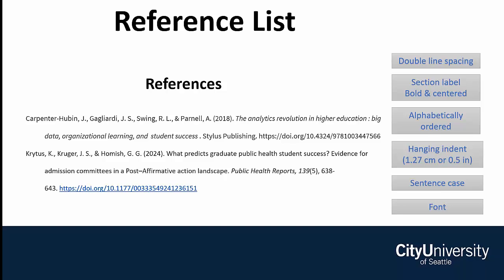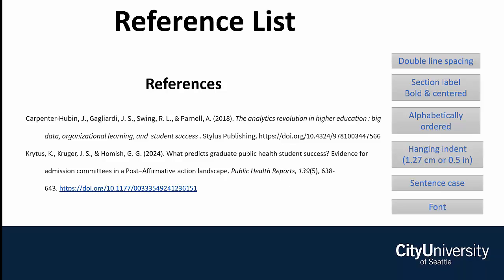Typically after a colon, the first letter of the continuation of the sentence would be capitalized. However, in this particular instance, where it says big data, comma, organizational learning, comma, and student success, the B for big is not capitalized because it is a dependent clause.